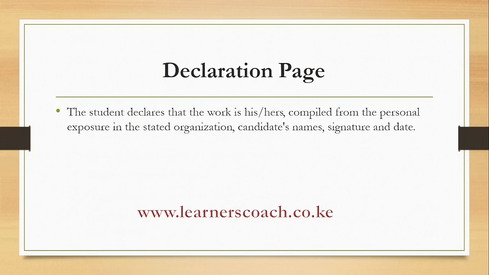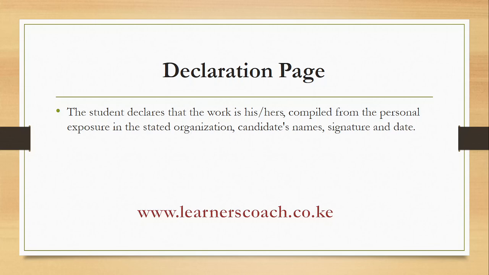Apart from the cover page, the other page that you need to put some emphasis on is the declaration page. The student should declare the work he or she has done within that particular organization. And then you should include your name, signature and date.